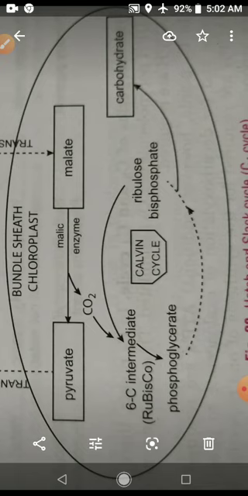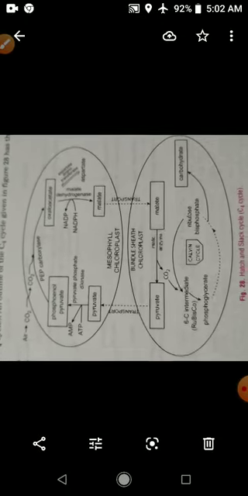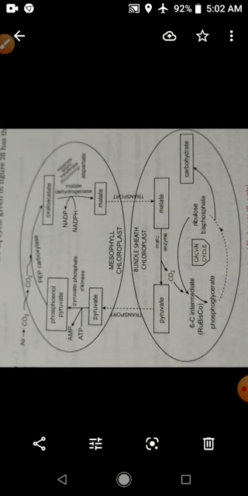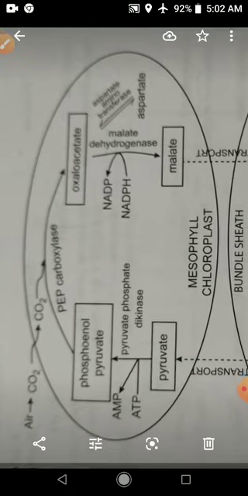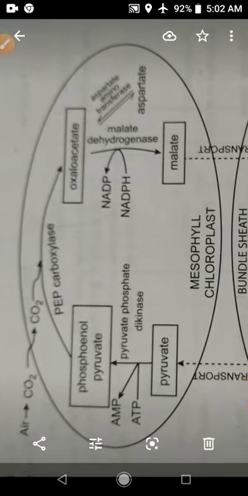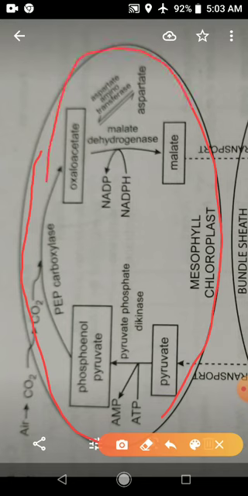So children, you have to see in the C4 cycle, the initial reaction takes place in the mesophyll cell. So children, see, this is the chloroplast of mesophyll cells.